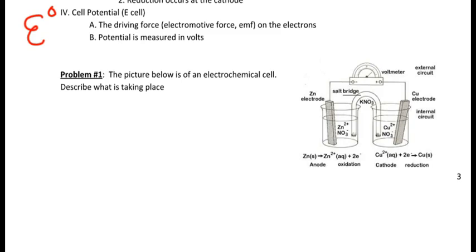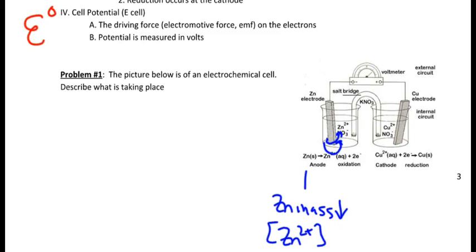The zinc is going from zinc metal to zinc ion, so these ions are being created. I'm losing the metal, so zinc mass is decreasing. What's happening to the concentration of my zinc ions? I'm making more and more ions, so the concentration is going up.